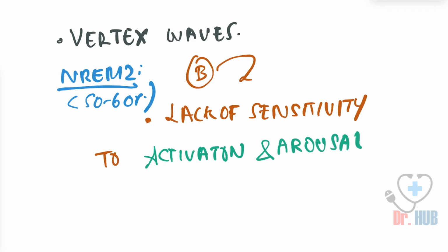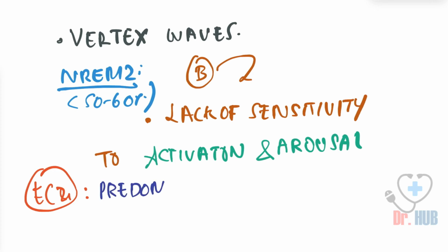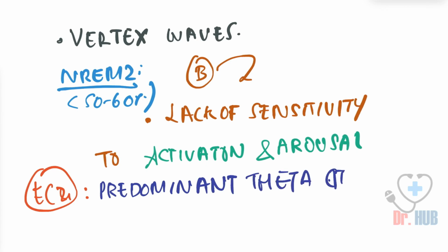So how are the EEG findings in this case? Looking at the EEG, there is predominant theta activity, and this is about 4 to 7 Hertz.